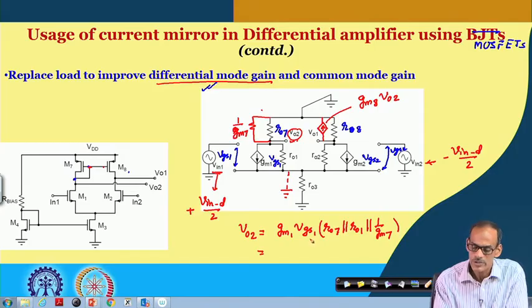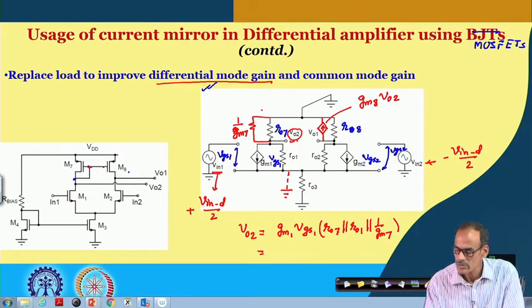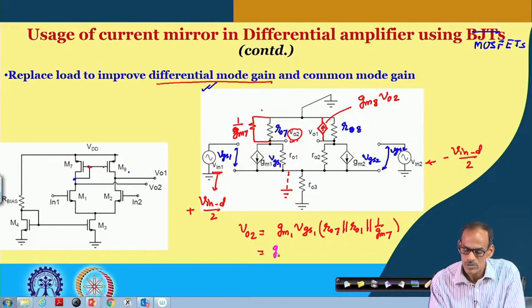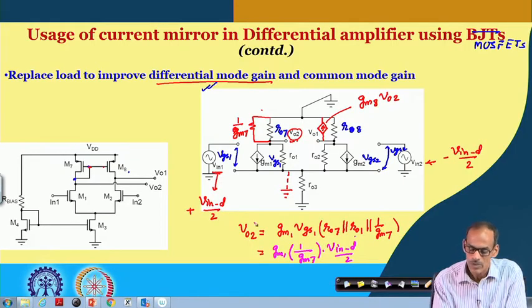Now, VGS1 is essentially Vind by 2, and this resistance is approximately equal to 1 by GM7. So, this is Vind by 2. That gives us the output voltage here.